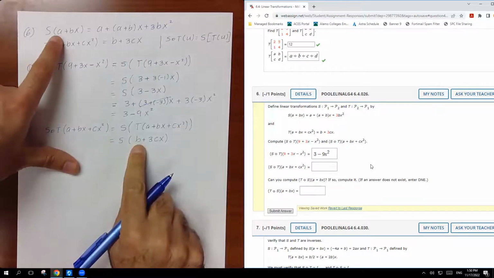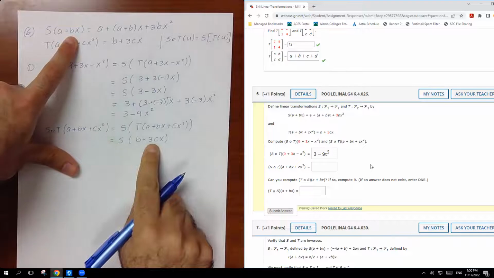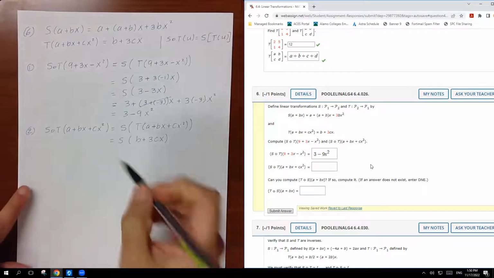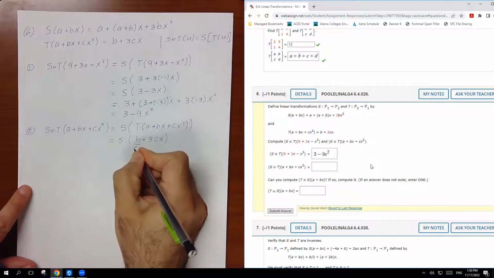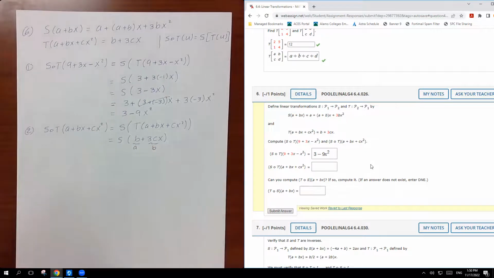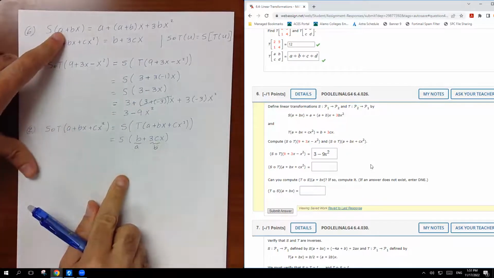Now S of this part. S, here is the A, the first number, and here is the B with the X. So be careful here. When you're using the rule, you're going to consider this one is the A, and you're going to consider this one is the B, because I'm using the rule with different variables here.